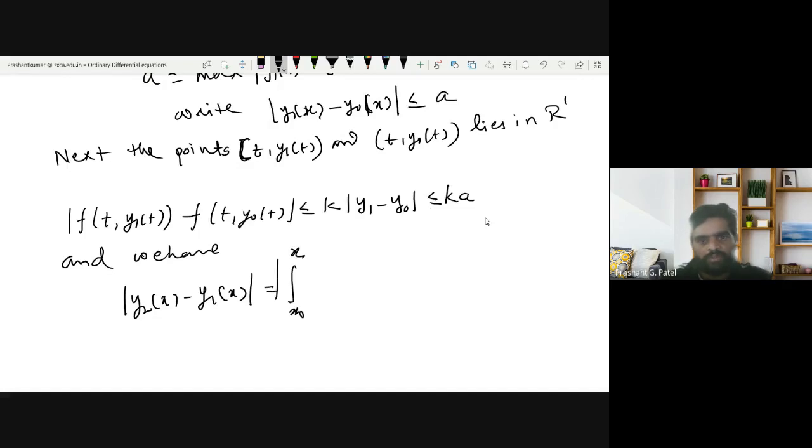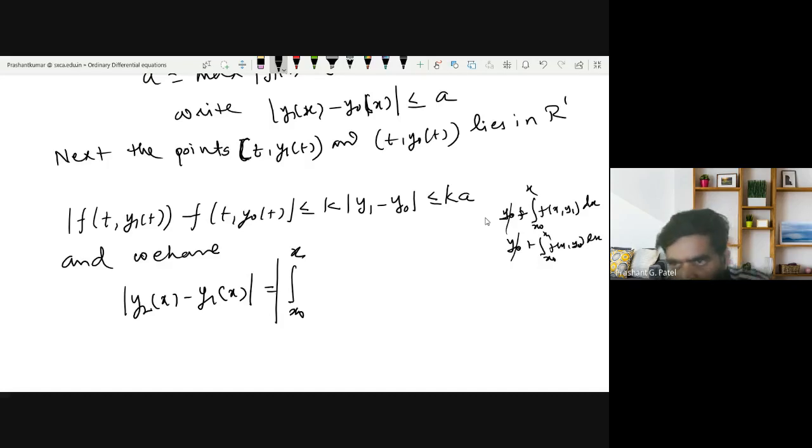If I substitute the value of this y2 and y1, that is y2, we know that it is y0 plus integration x0 to x f of x minus x1 dx, and y1 is y0 plus integration x0 to x f of x minus y0 of x dx, and if you subtract, this y0 will get cancelled out, so we'll have this minus this, so that we can write f of t comma y1 of t minus f of t comma y0 of t dt, the mod of that.